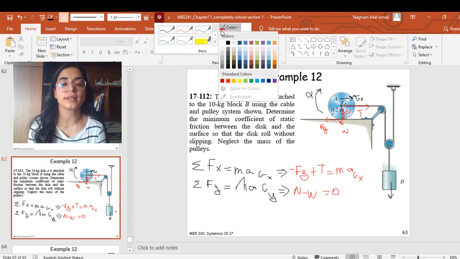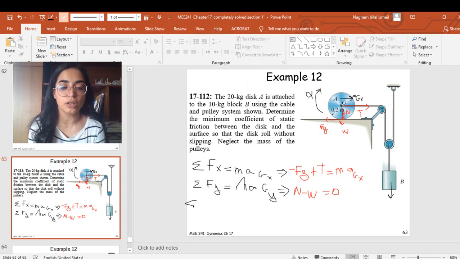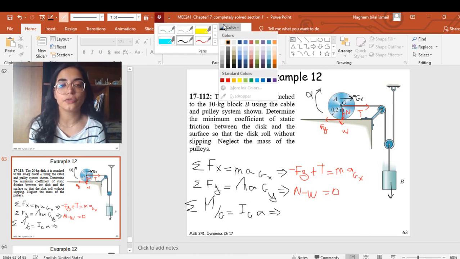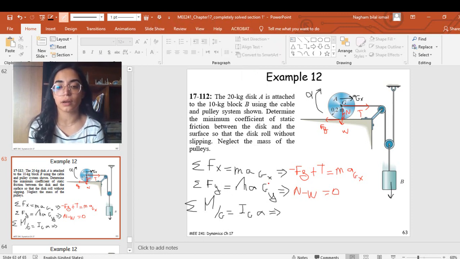Now, what about the third equation? The third equation is the sum of moment around G, which is equal to I_G alpha. What are the forces that can do a moment around G?